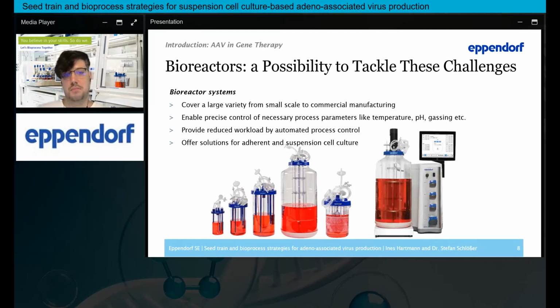And if we look at this, bioreactors could be a possibility to tackle these challenges, as they cover a large variety from small scale to commercial manufacturing scale. They enable precise control of the necessary process parameters like temperature, pH, gassing, and so on. They also reduce the workload because they can automate certain working steps in process control, and they offer the possibility for adherent and suspension cell culture.